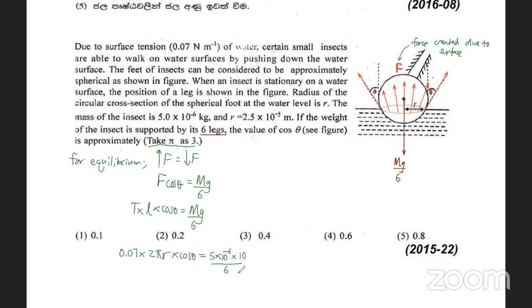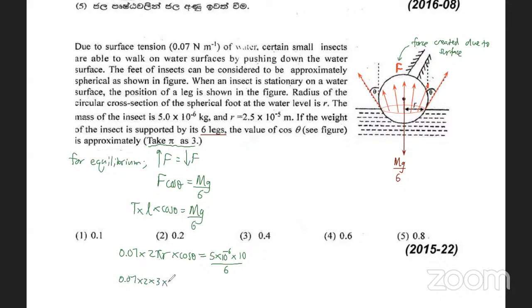We are still not done. We are supposed to find theta, right? Cos theta approximately. Then we'll substitute the other value: 0.07 into 2 into 3 into r.